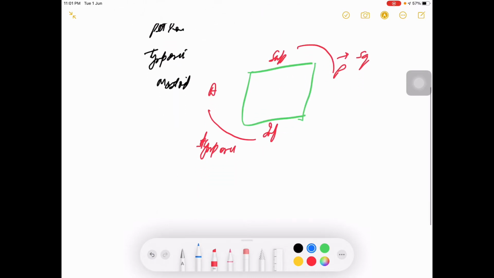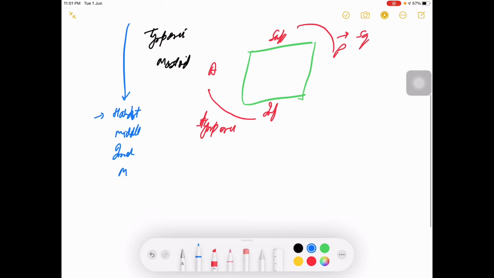So coming on to the petrous part first. Petrous is the hardest. Squamous is the softest. It basically forms your middle ear and inner ear, as well as the mastoid antrum.